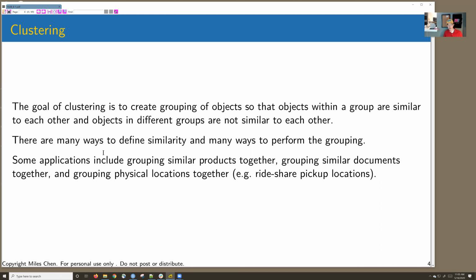So you want similar objects to be together and different objects to be in different clusters. How do you measure similarity? That's a question. Today, with k-means clustering, we're going to measure similarity using Euclidean distance, but there are different ways you could measure similarity.